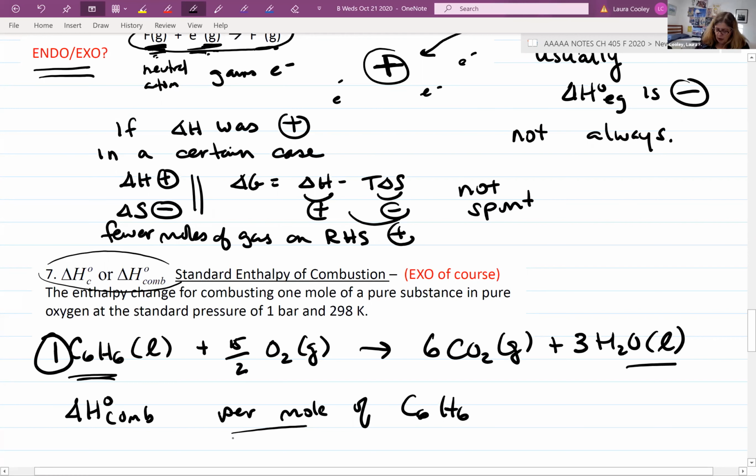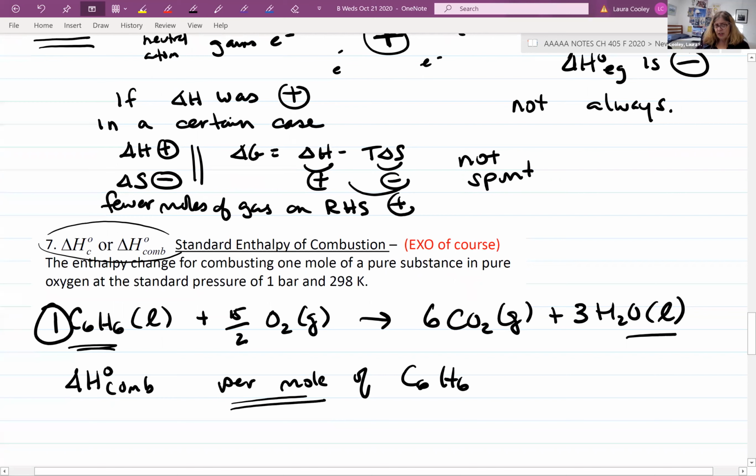Whenever we talk about per mole, and I'm going to talk about reactions in general, the next item, we mean per mole of anything that has a coefficient of 1. But when we're combusting, we start with 1 mole of the thing we're combusting, and we have whatever coefficients we need for everything else to get this to be a 1. And that's per mole of C6H6.